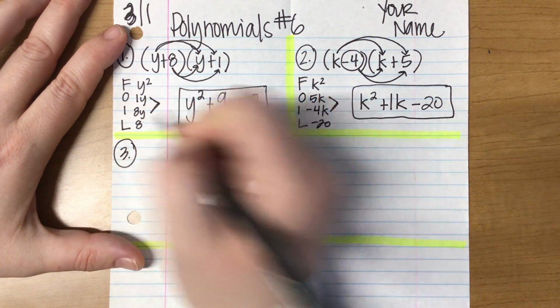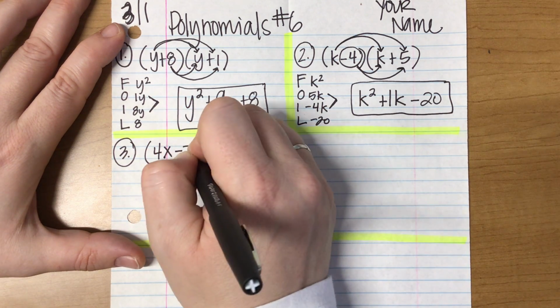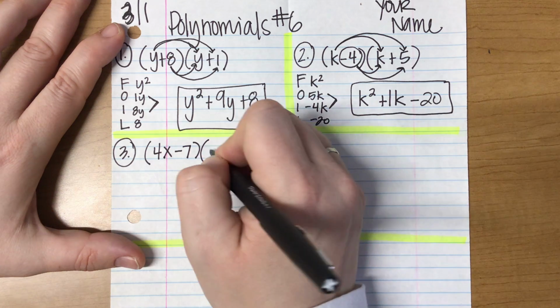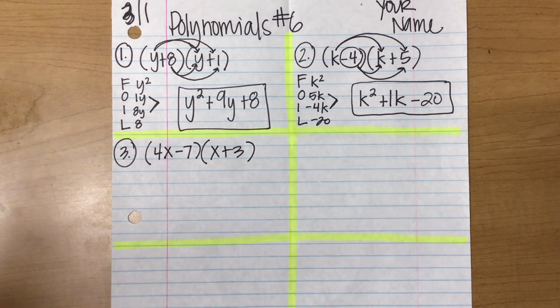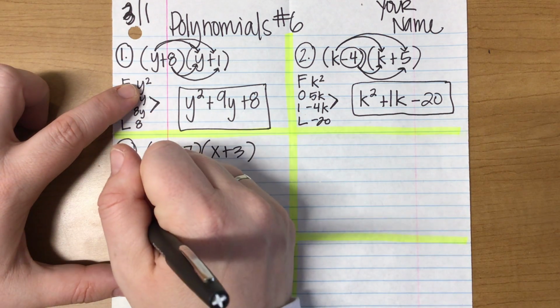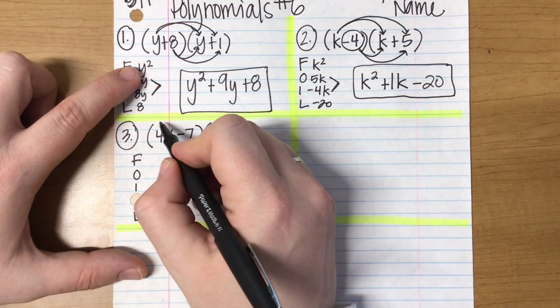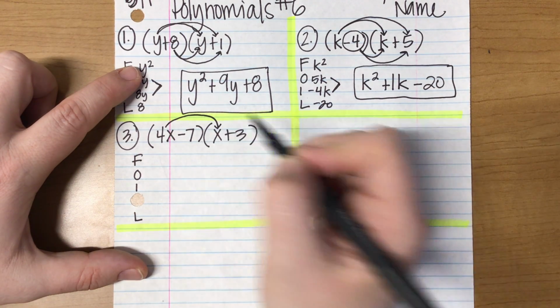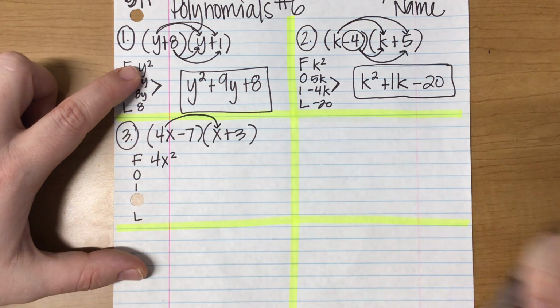Number 3. 4x minus 7, x plus 3. Again, binomial times a binomial, we FOIL. First, outside, inside, last. It's double distribution. FOIL. First times first. 4x times x is 4x squared.